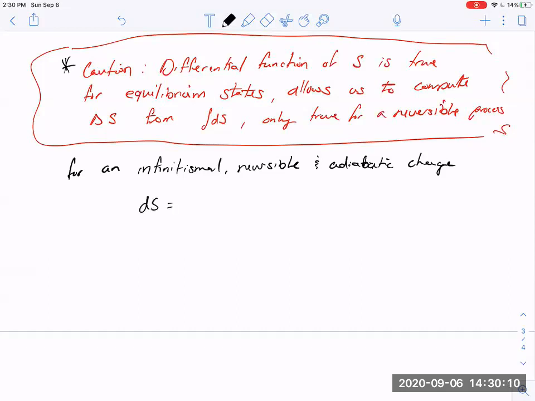So dS must be 0. dS, as we've just written, is nothing but 1 over T dE plus, from up top, how the entropy changes with a mechanical variable times the change in that mechanical variable. This is what we've claimed is related to a force. Let's see if that's true.